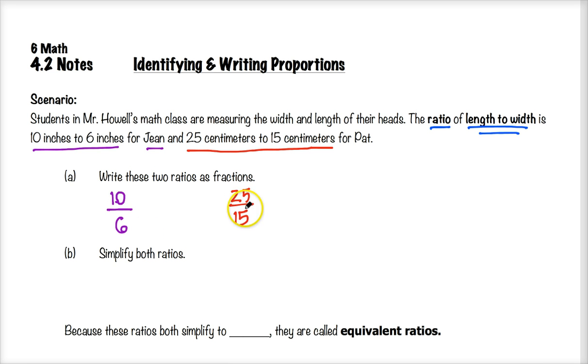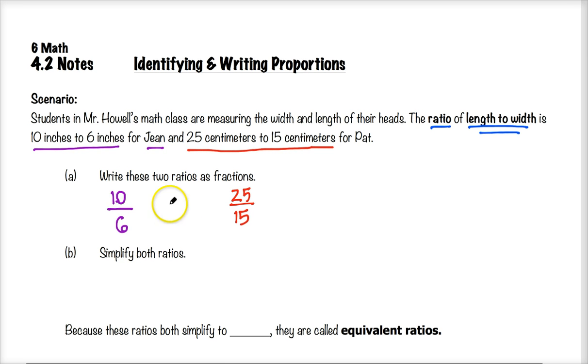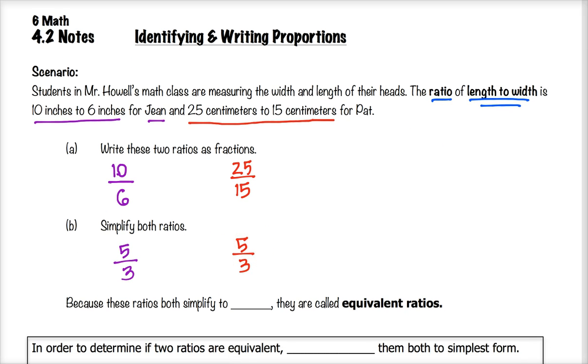If I simplify both of these ratios, well, 10 over 6 will simplify to 5 over 3, so that ratio becomes 5 to 3, and 25 over 15 will simplify to 5 over 3, so that ratio is also 5 to 3. So we get simplified ratios of 5 to 3 for both.